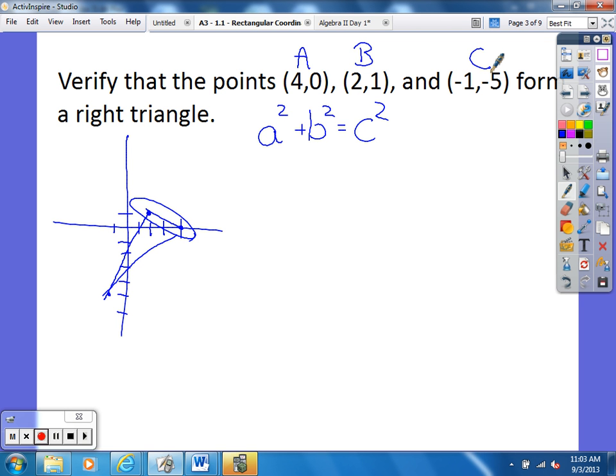Now, if this is a homework problem, yes, you have to do all 3. Since we're in class, I'm trying to make this a little easier. So you do it individually, check with your group, see if everybody agrees.